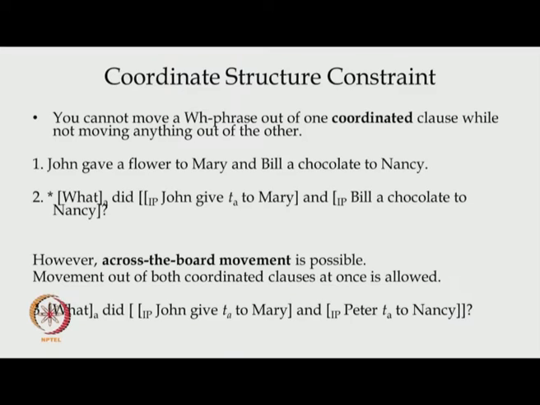I just put the point below for generic reference. We are done with our point, but we can say, and this is called across the board movement, that movement out of both coordinated clauses at once is allowed. So, we can say something like, what did John give to Mary and Peter to Nancy? This sentence is all right.